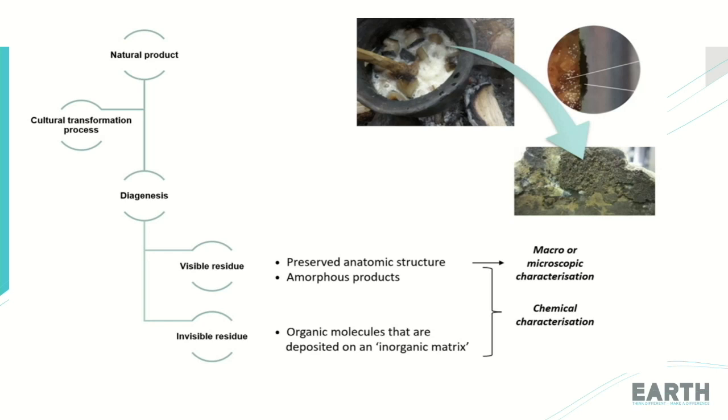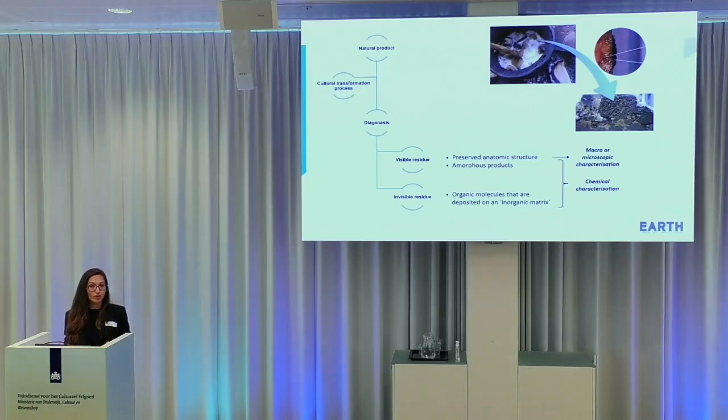Organic residue survives in three main ways in archaeological pottery, or in an archaeological context in general. One is the soil that's in situ, that comes from the pot. You can still analyze that, and it can give you some information through lipid residue analysis, but that is not the most common way of doing it.